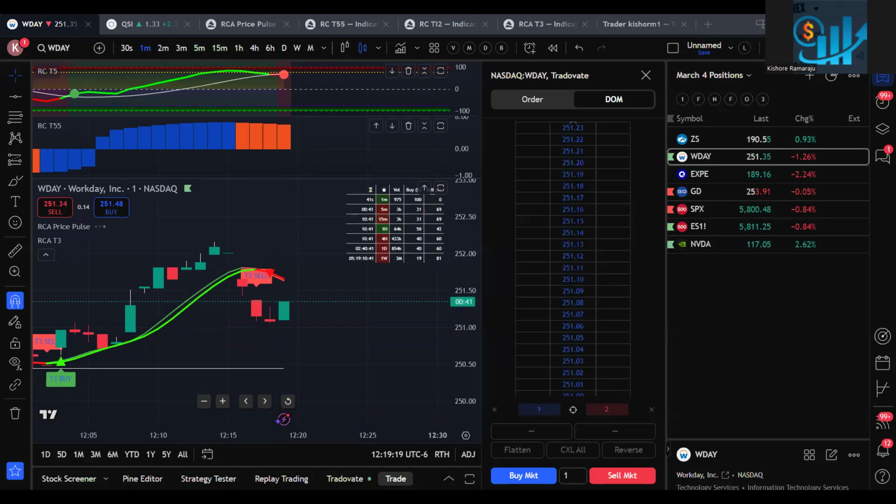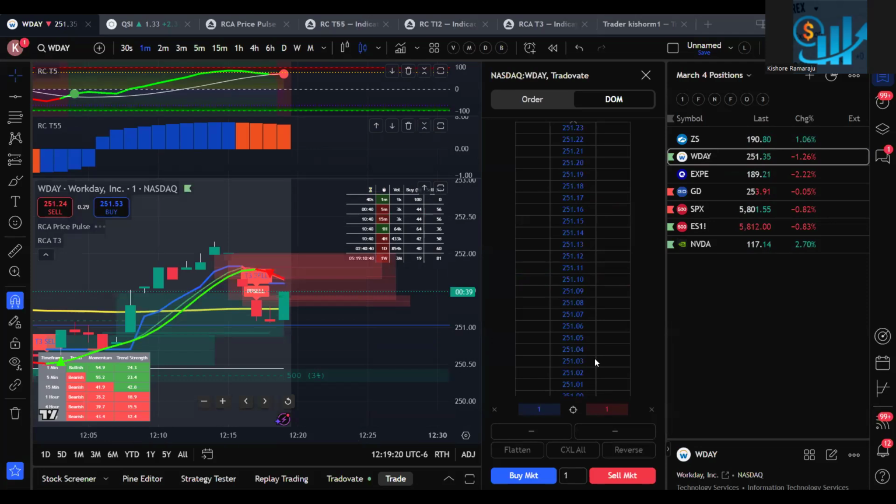And take profits on Workday. You can also take profits on SPX.